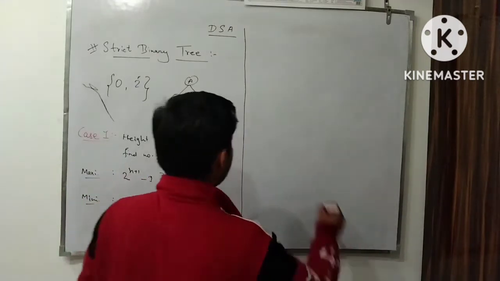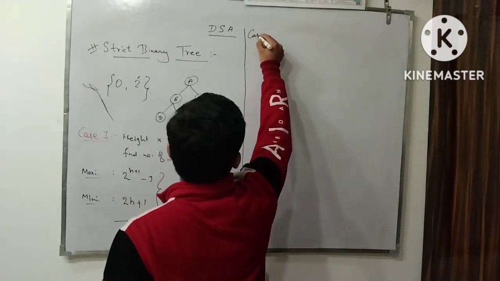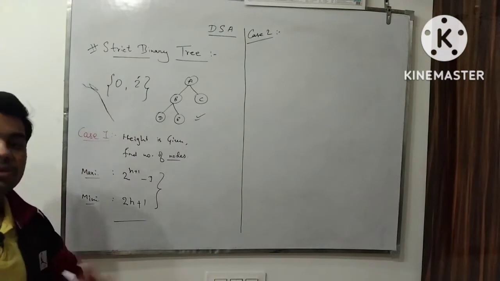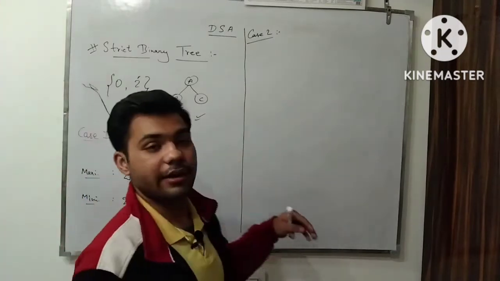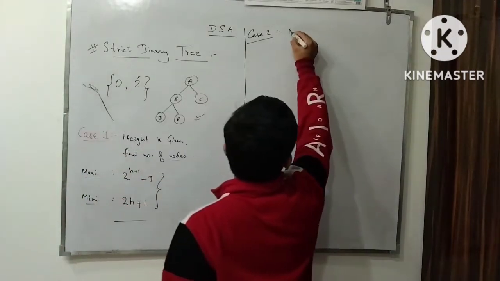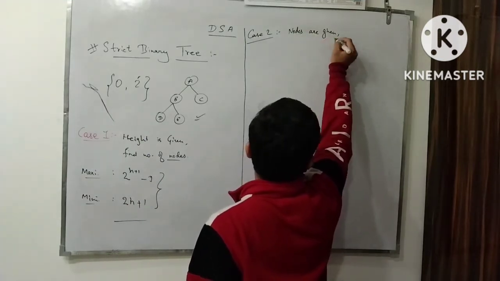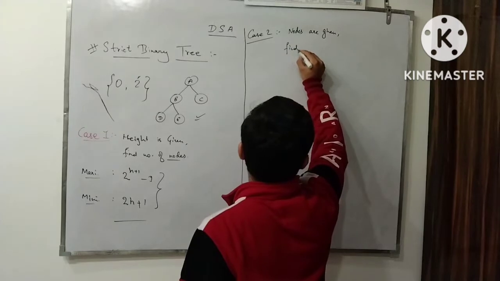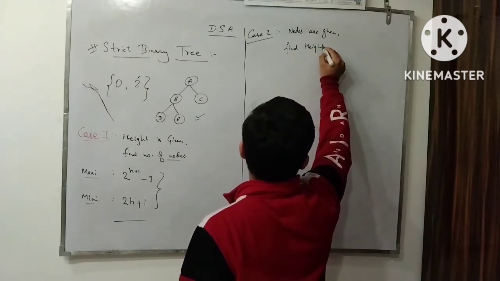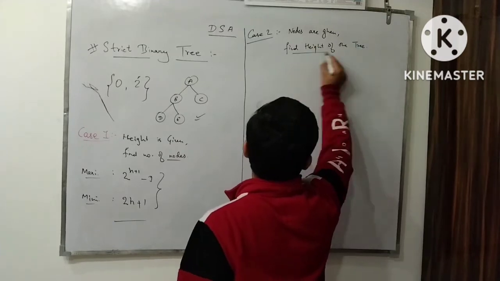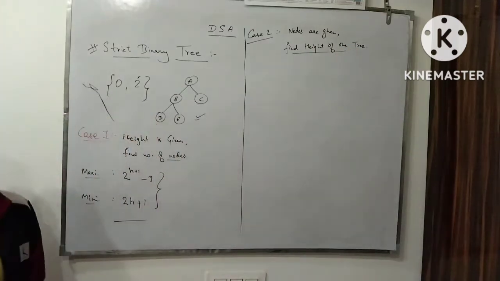Okay, now case number 2. Case number 2 is when the nodes are given and we have to find the height of the tree. So how can we find that?